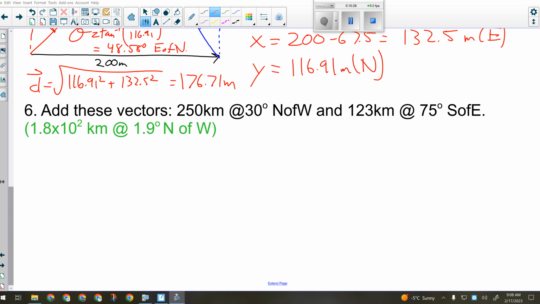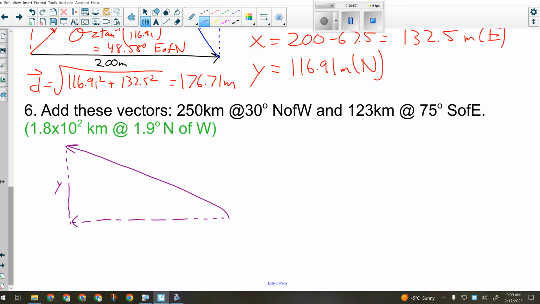Okay, guys, let's look at the diagram for this one. We have 250 kilometers at 30 degrees north of west. So I'm going to go west, and then I'm going to go 30 degrees north of that. That's probably close to 30 degrees.